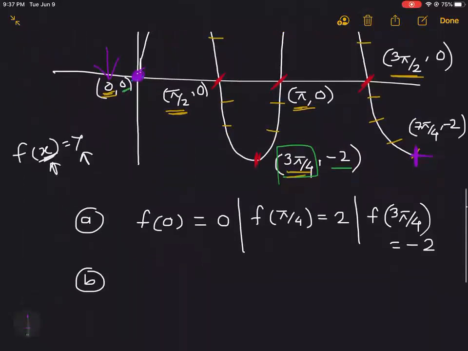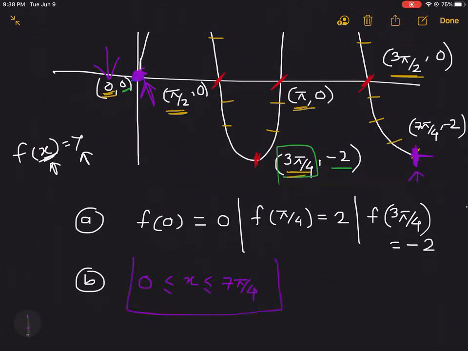So that means all the values from 0 to 7 pi over 4 are a part of our domain. In other words, we can write it this way, right? X is from 0, right from this one, we go all the way up to 7 pi over 4. So all the values of x within this region are a part of our domain.